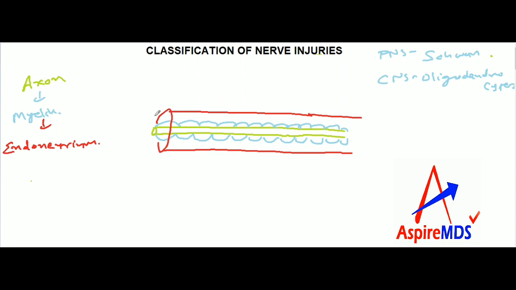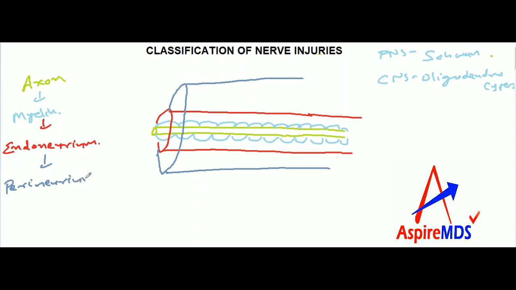Okay, so one axon is covered by endoneurium, and multiple axons join together to form one fascicle. That fascicle is covered by another layer, known as the perineurium. Okay, so the fascicle is covered by perineurium.